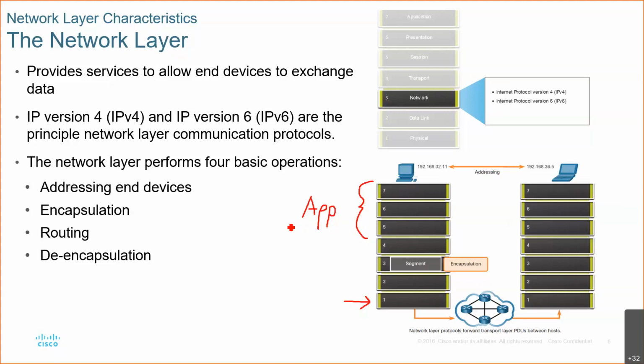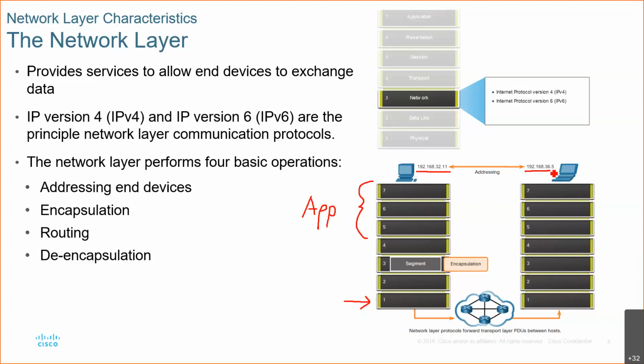So sending from a source to a destination, what is the source IP address, the logical address? What is the destination IP address, the logical address? Remember, we are in the network layer. MAC address was in the data link layer. Now we are only looking at the network layer and the logical address.